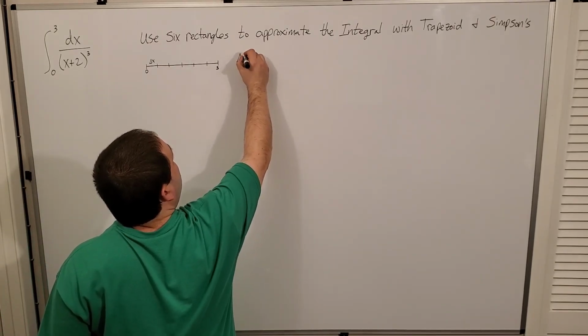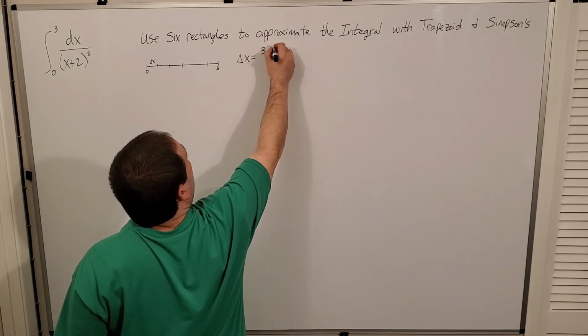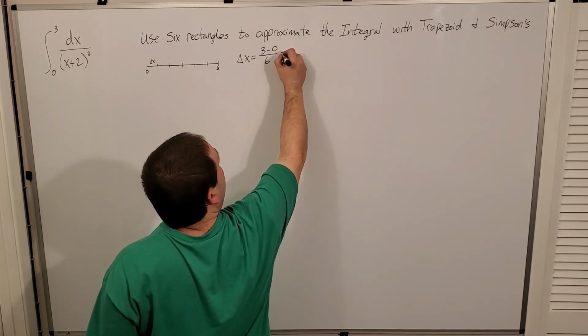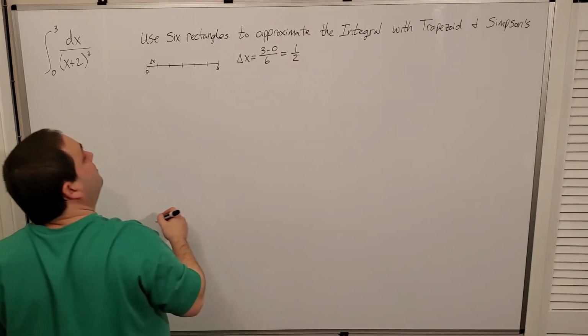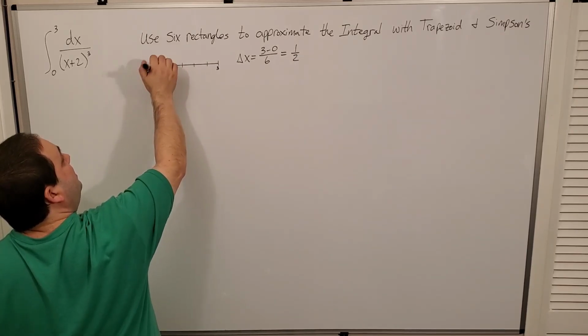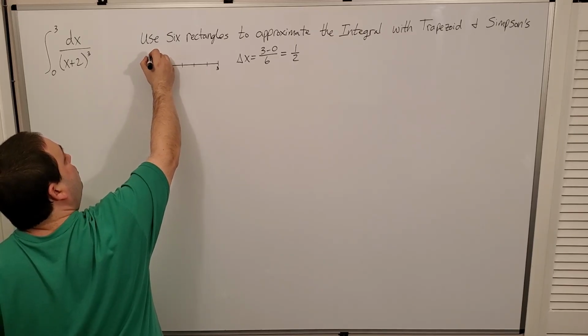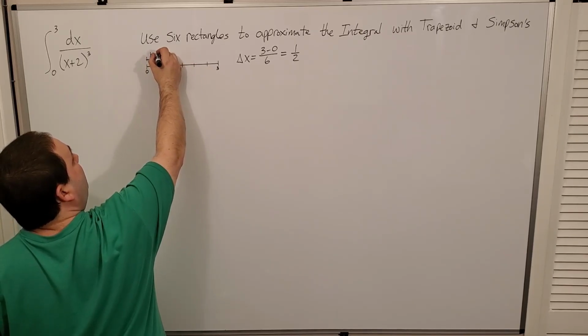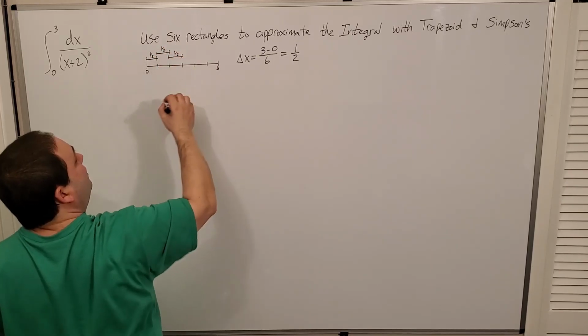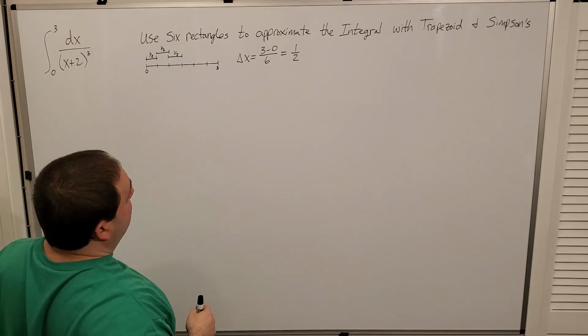Our delta x is 3 minus 0 divided by 6, so 1/2. That's important because delta x means the width from here to here is 1/2. The width from here to here is 1/2. From here to here is another half, and so on and so on.